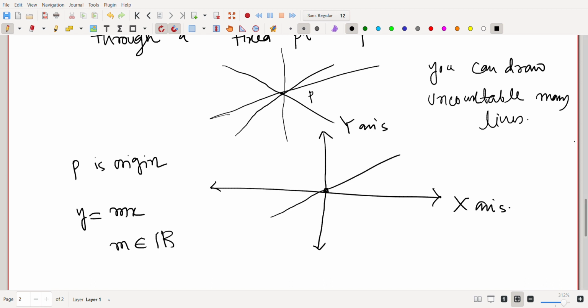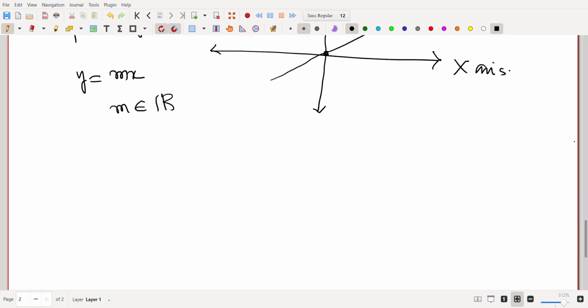That means you get uncountably many different lines passing through the origin, and you can do the same for any point P by translating these lines. So you get uncountably many lines passing through point P, right?